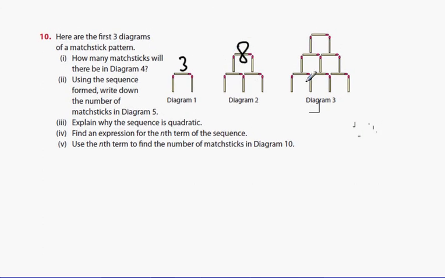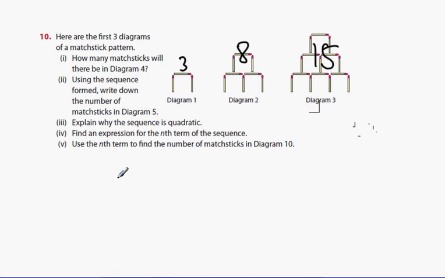What about this one here? How many does this have? 1, 2, 3, 4, 5, 6, 7, 8, 9, 10, 11, 12, 13, 14, 15. Okay, so this one goes 3, 8, 15.